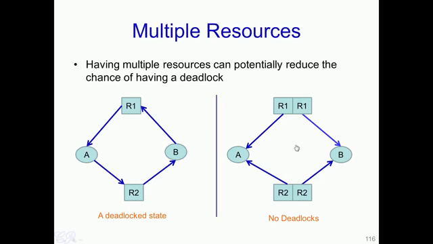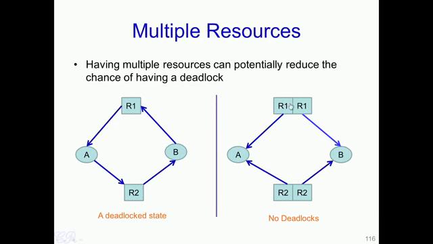While this particular solution will not always work and essentially depends on the type of resources, it may help to some extent. For instance, if we have two resources of exactly the same type, then both A's request as well as B's request could be managed.